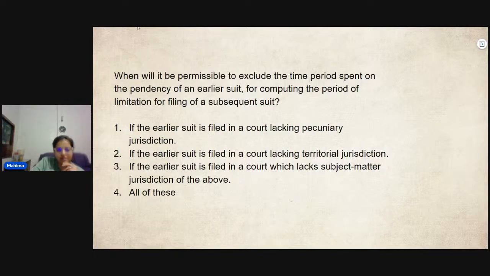Why is everyone saying B? Can someone comment on the chat box? All the three jurisdictions are excluded. No, all the three jurisdictions are excluded, guys.